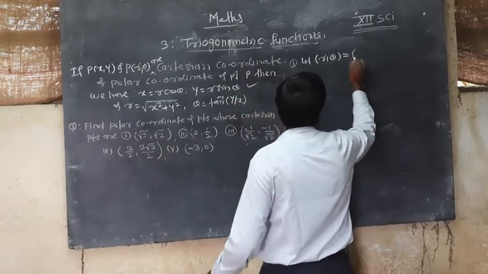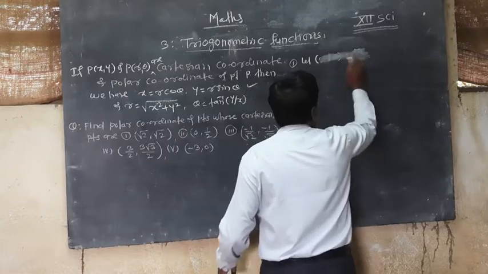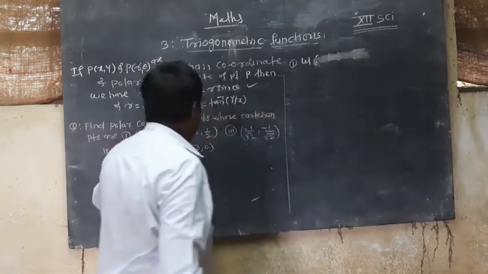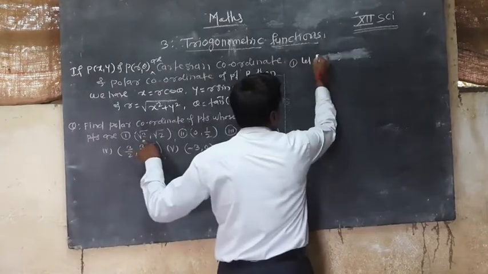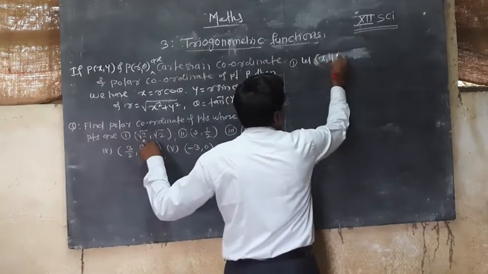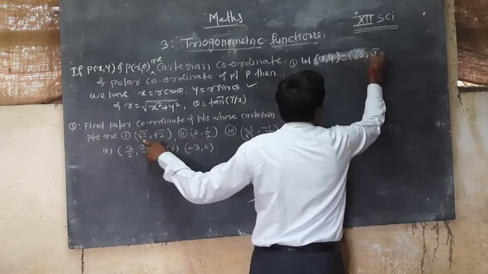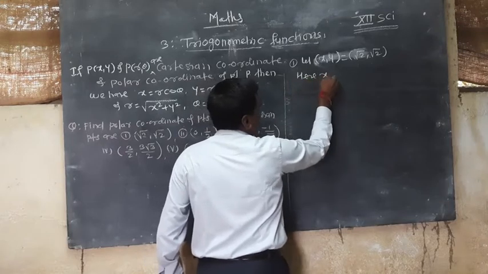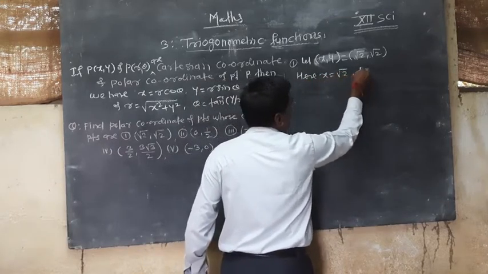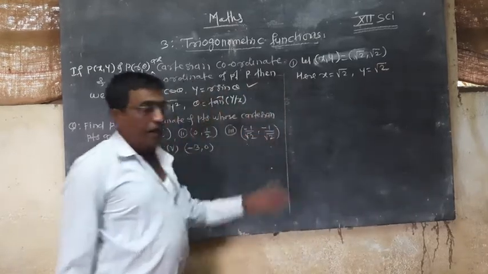Here we are given the Cartesian coordinates, which are denoted by x comma y, that is root 2 comma root 2. By comparing, we get x is equal to root 2 and y is also root 2.